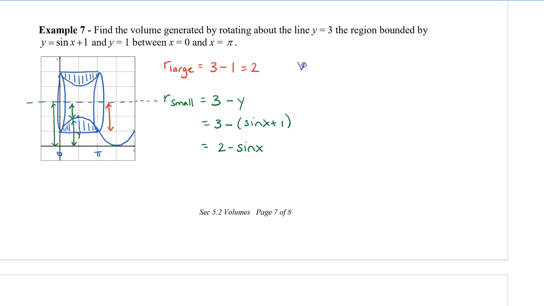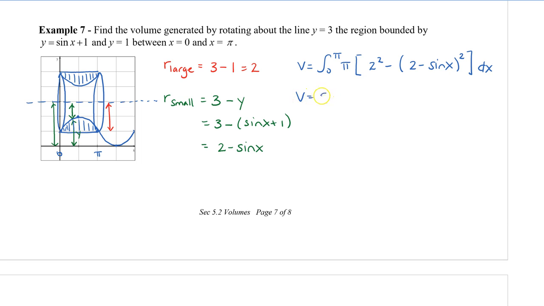So writing the volume equation, I get the integral from 0 to pi, and then pi times the larger radius squared, so it'll be 2 squared minus (2 minus sine x) all squared, and then dx.